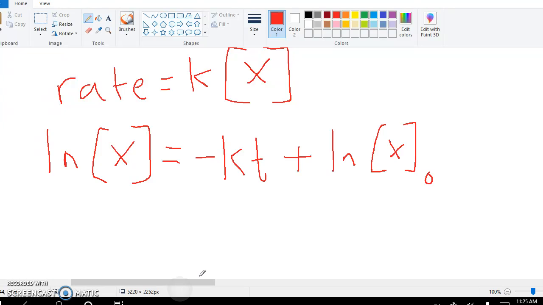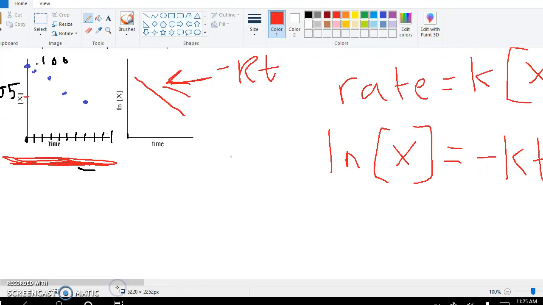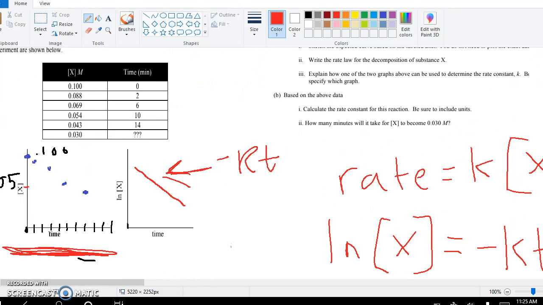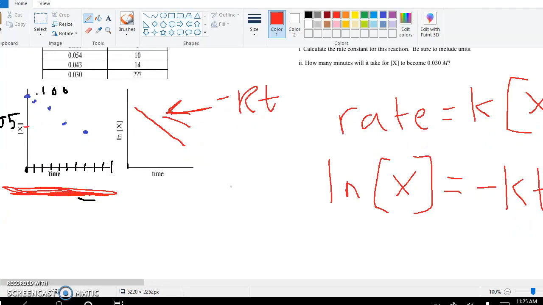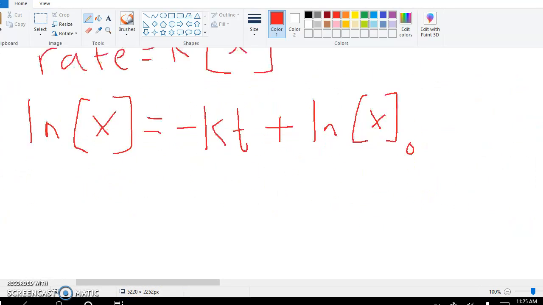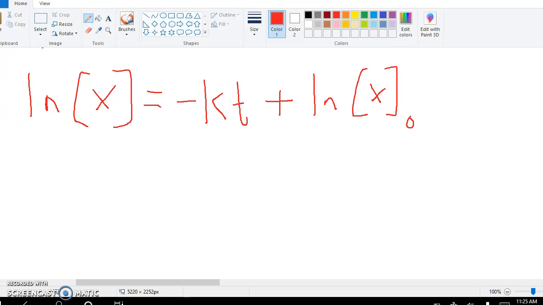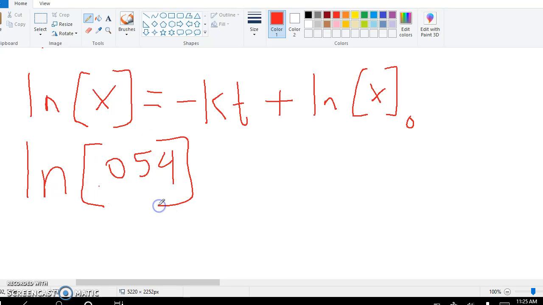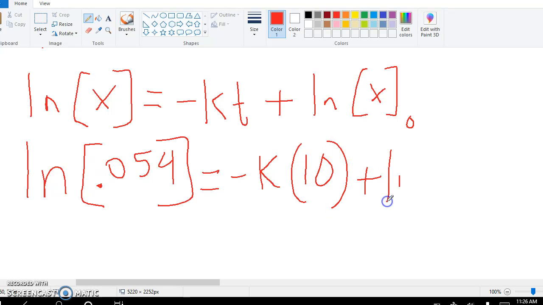So the concentration after 10 minutes was 0.054. So I'll have the natural log of the concentration 0.054 equals negative K times 10 minutes.